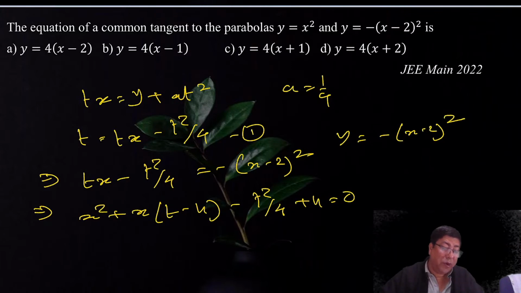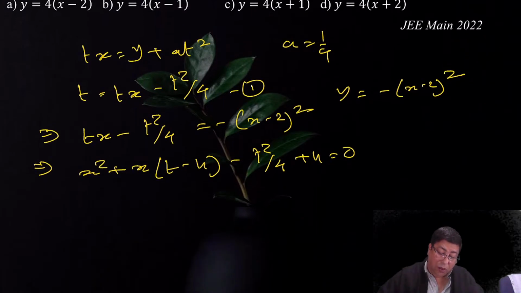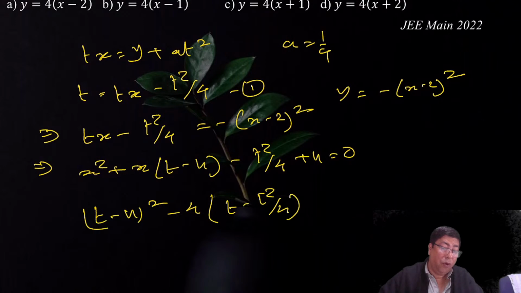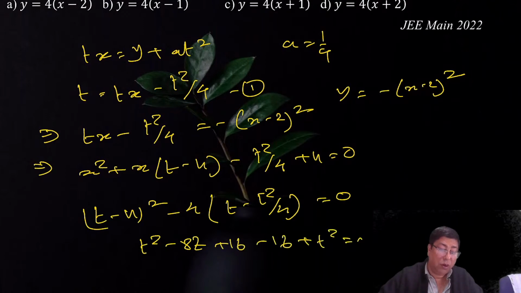So for this discriminant to be 0, we have to write (t minus 4) whole square minus 4 into (4 minus t square by 4) equal to 0. Therefore, t square minus 8t plus 16 minus 16 plus t square equal to 0.